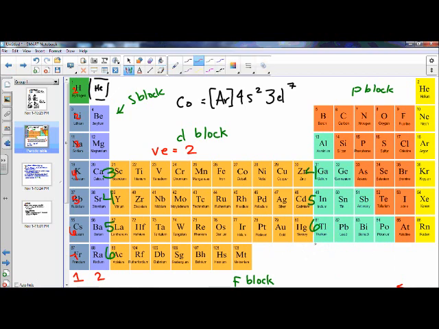Okay, when we get to this column, the boron family, it has 2 in the S and it has 1 in the P. This is the 3A family. They have 3 valence electrons. This family has 2 in the S and 2 in the P. It has 4. This family has 5. You see the pattern? 6, 7, and 8.